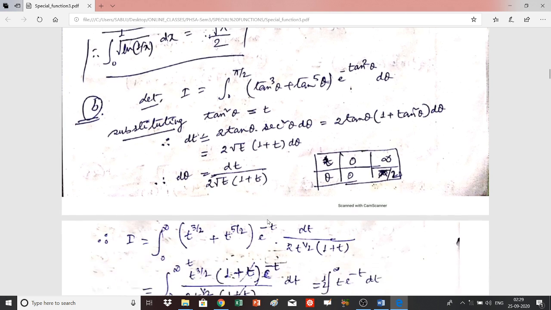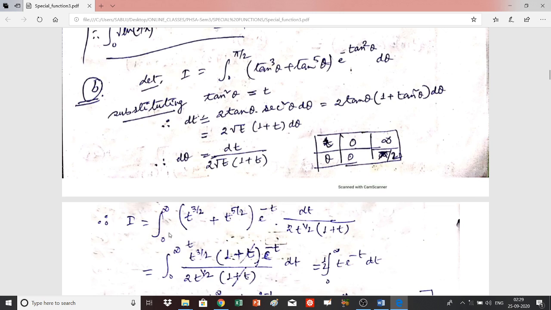So now just write here the limits of integration, and substitute all these values, that is tan square theta is equal to t, and d theta which has the form as given here. Now just substitute these values. So the limit of integration is 0 to infinity, then tan theta cube, that means t to the power 3 by 2, and tan theta to the 5 is t to the power 5 by 2.